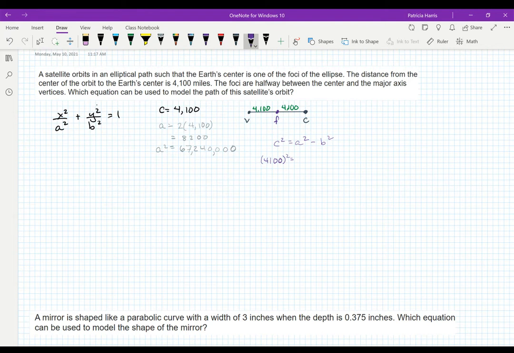I already have my a squared. And we're going to use those to find my b squared. Okay, so I'm going to use my calculator. So 4,100 squared, and then I'm going to subtract the 67,240,000 from both sides.